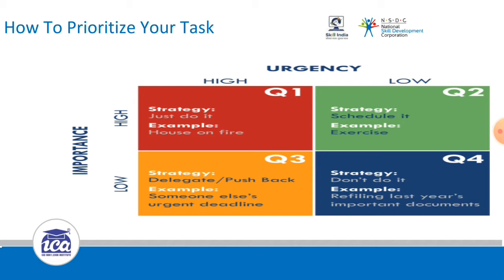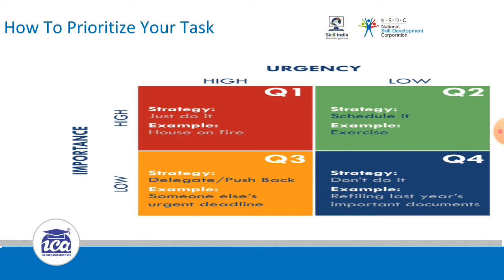Okay, for example, you are doing some work and suddenly your manager or your higher authority calls you and says, send me this document urgently. Okay, so what do you think, is it important or not important? Yes, it is important because your higher authorities are asking and they said send it immediately.